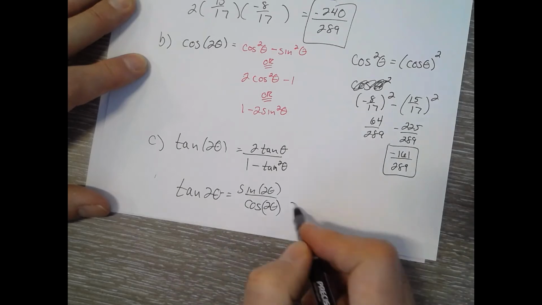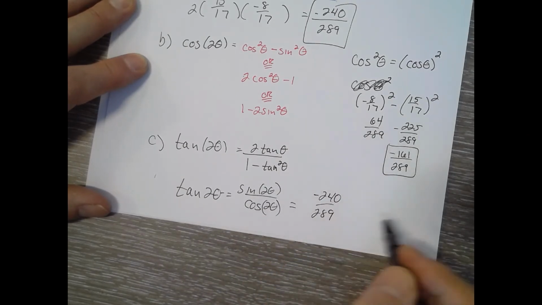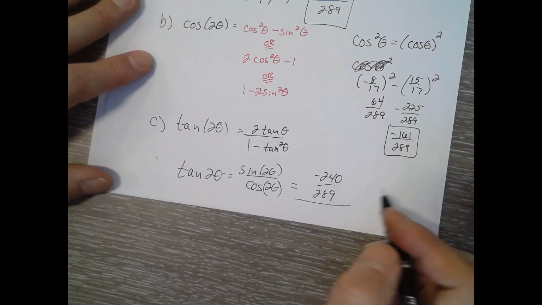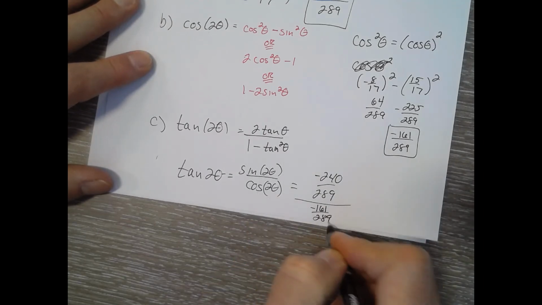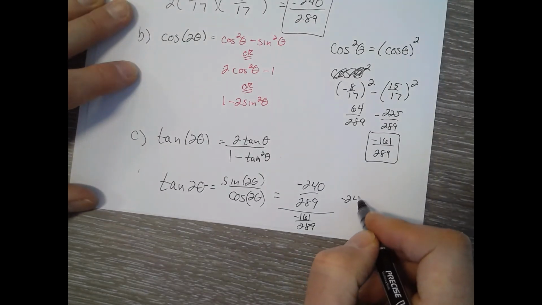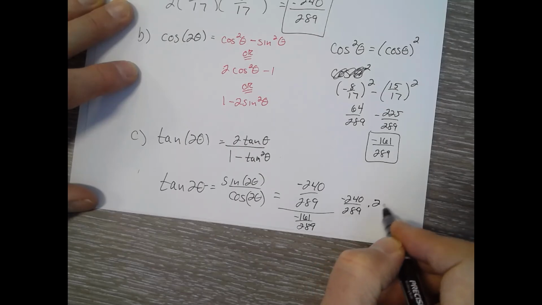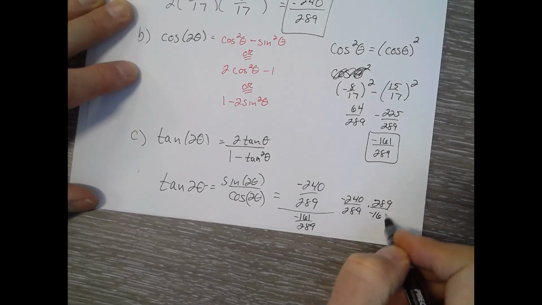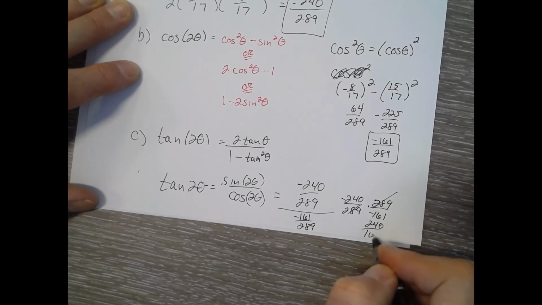Well, we know the sine of 2 theta is negative 240 over 289 divided by the cosine of 2 theta. And dividing by a fraction, you can just multiply by the reciprocal: 289 over negative 161. So those cross off. We get 240 over 161.